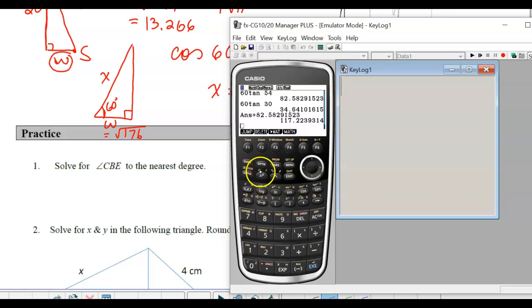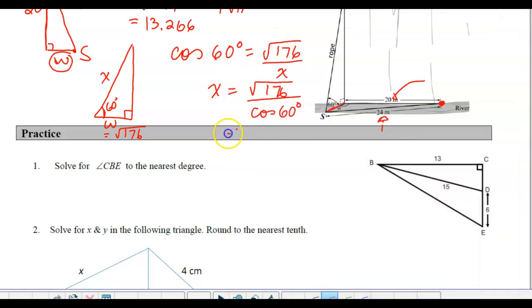So I'm going to go root of 176, cursor out of the root sign, divide by cos of 60. Now, it gives it, again, because it's not in test mode, exact value. And I am going to convert it to a decimal, which is 26.5. And that's meters.